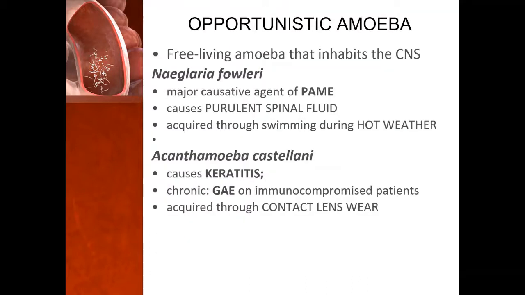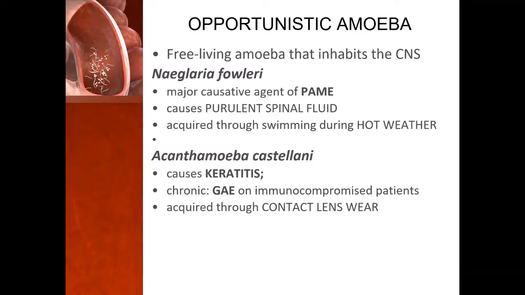Okay? And we also have your opportunistic amoeba. There are only two of them. They are free-living amoeba that inhabit the central nervous system. So we have two, the Naegleria fowleri and the Acanthamoeba castellani.